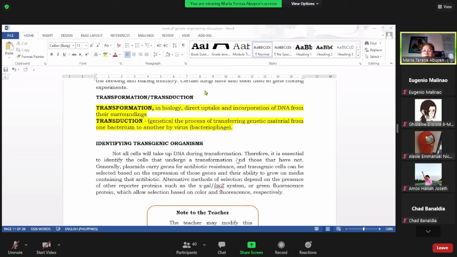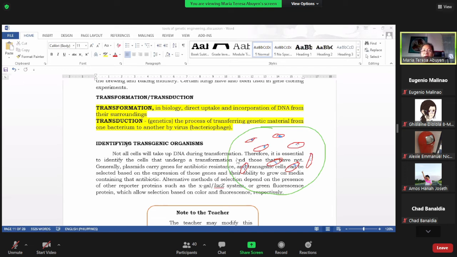Let's say, for example, here is a medium. There are many bacteria in it, and the bacteria have plasmids. Now, the question is, how will you know which bacteria absorbed foreign DNA through transformation?